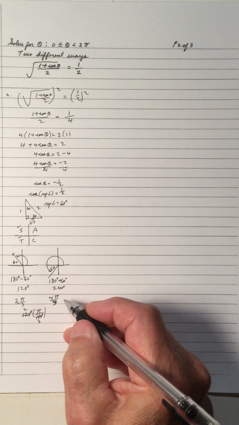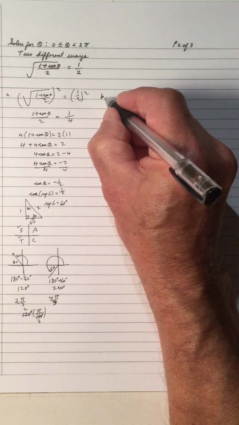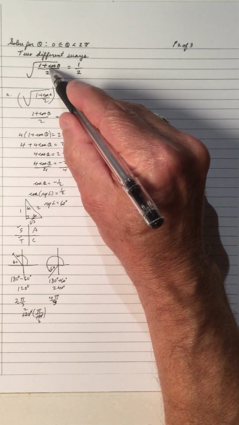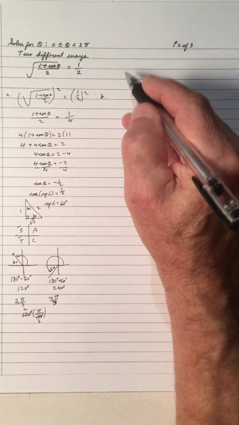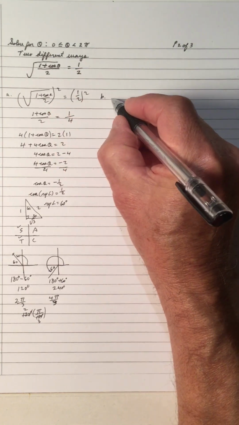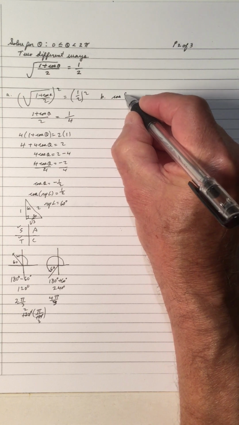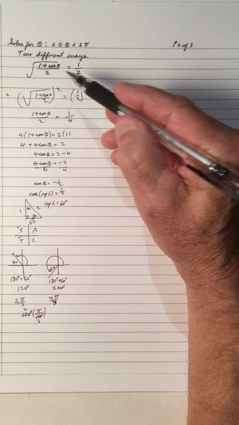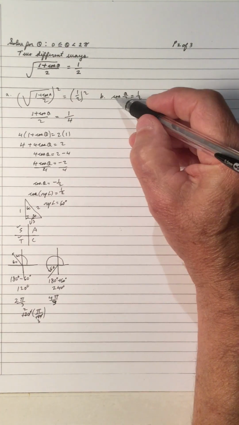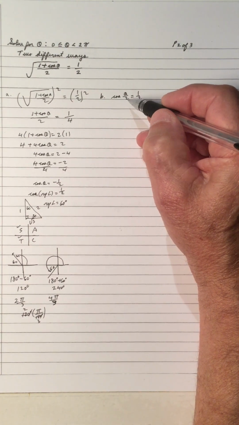So that's one way. So what's another way to do it? Well, I look at here and I see this is a half angle formula. So this is a half angle formula, and that's a plus, so that's the cos. So that's the cos of theta over 2 equals 1/2. Again, that's a half angle formula for cos of theta over 2.